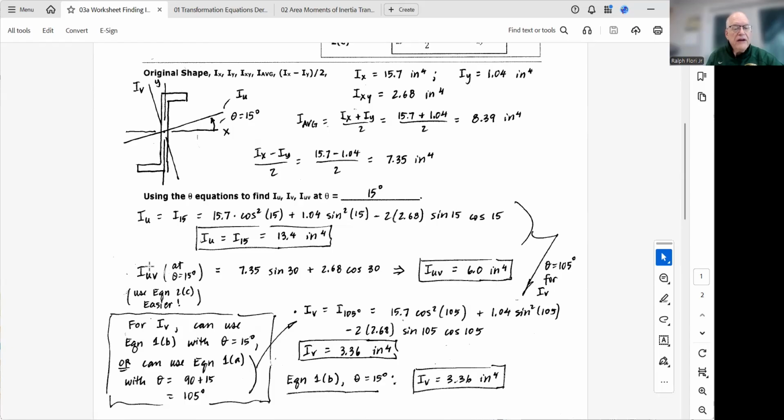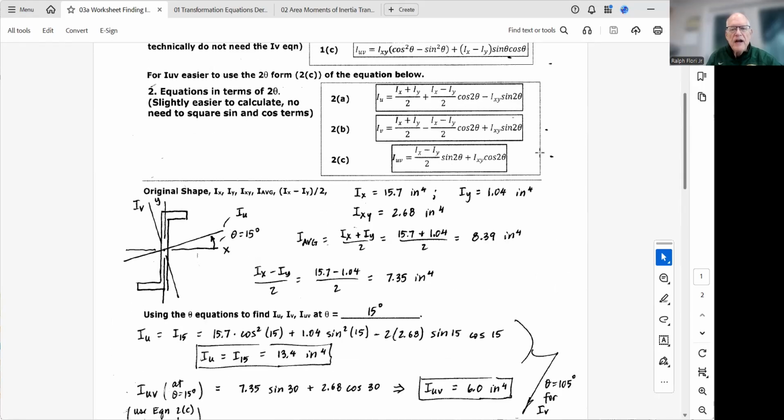For the product of inertia at that orientation, I'm actually going to use the 2 theta equation because it's easier. Our angle is 15 degrees, but 2 theta is 30. If you look at equation 2c, it's this one right here.